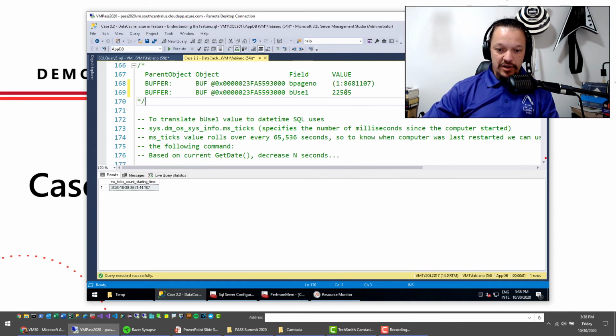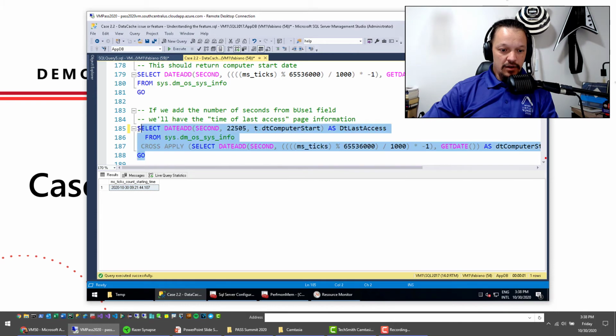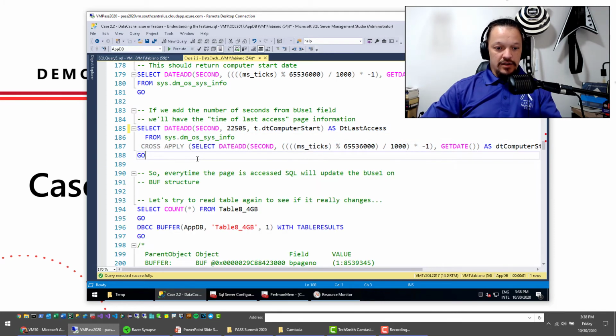So if we grab this value and add this number of seconds to 9:21 a.m., we would have the timestamp of the last time that the page was accessed. Okay, so at 3:36, so a couple of minutes ago. This is nice, isn't it?